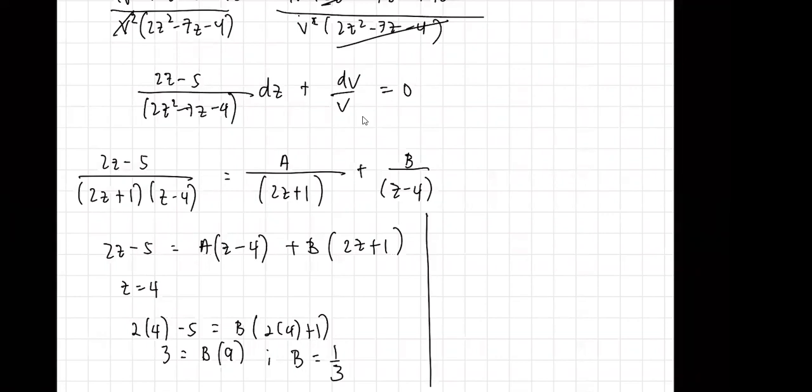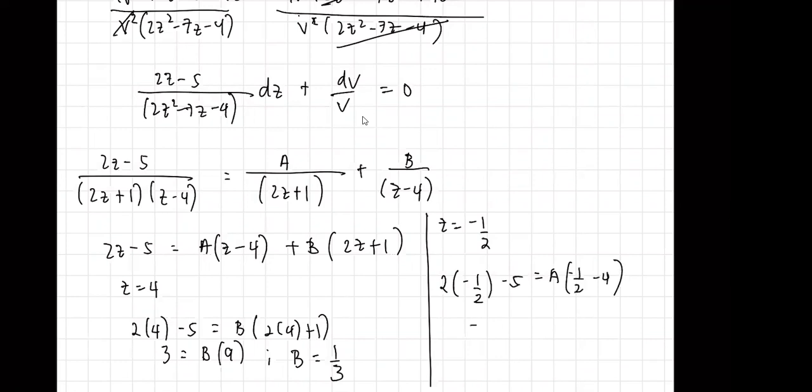Then, assume natin na if z is equals to negative 1/2, no? Para mag-0 yung b. So, z is equals to negative 1/2. So, ito will be 2 times negative 1/2 minus 5 equals to a times negative 1/2 minus 4.